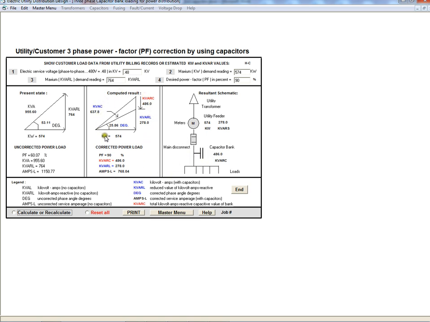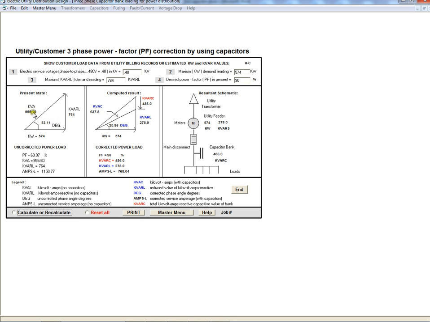This is what it is once we adjust it to 90%. If we bring the power factor from 60% to 90%, this is what it will have to have. You would have to have 486 capacitive kVAR added to the system, and the 574 remains the same. But what that does is, at 486 capacitive kVAR, the actual inductive load drops down to 278.